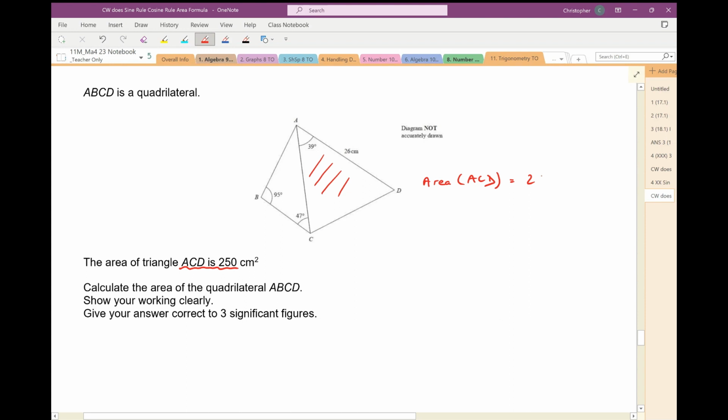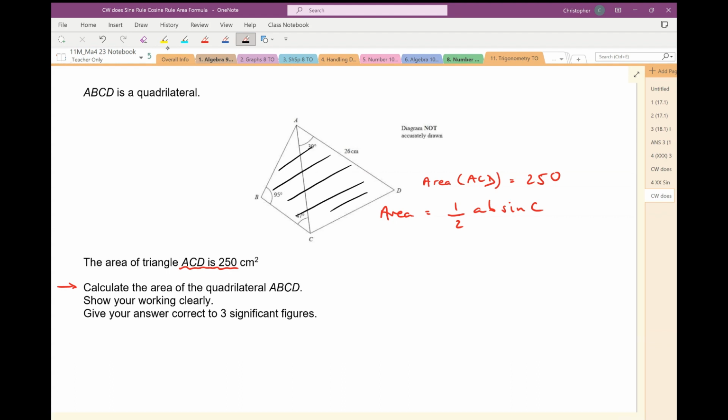Now I'm tempted just to go ahead and use that fact along with the area formula. But I think what we should do is read the rest of the question first. The question is, calculate the area of the quadrilateral ABCD. So it wants us to work out the area of the whole thing. Show your working clearly. Give your answer to 3 significant figures.